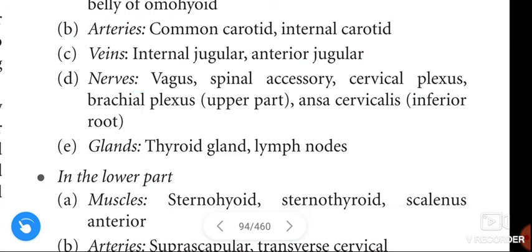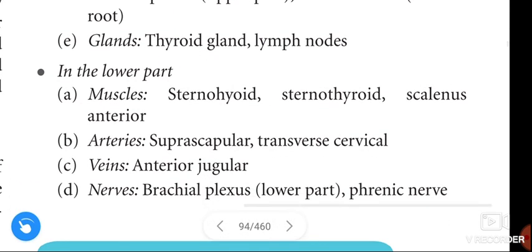Next, nerves: vagus nerve, spinal accessory nerve, cervical plexus, brachial plexus, upper part of the brachial plexus, and ansa cervicalis, inferior root. The glands related to the middle part of deep relations are thyroid gland and lymph nodes.